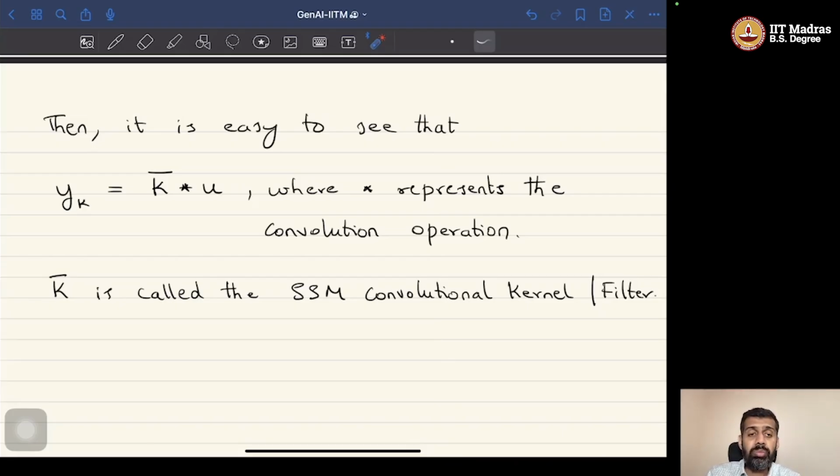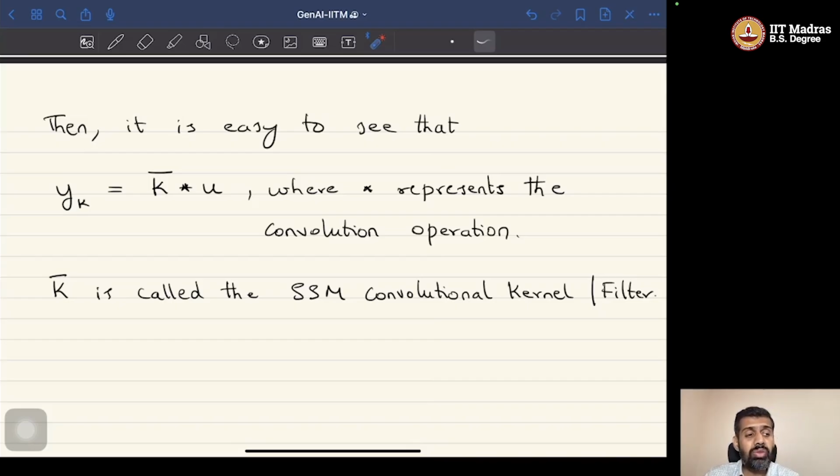There are faster algorithms to convert a sequence into the frequency domain, called the fast Fourier transform algorithms. The whole idea in the SSM literature is to compute the output in the frequency domain via a multiplication operation, and convert the output back to the sequence domain via the inverse Fourier transform.